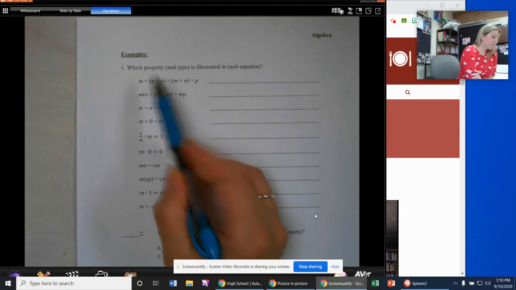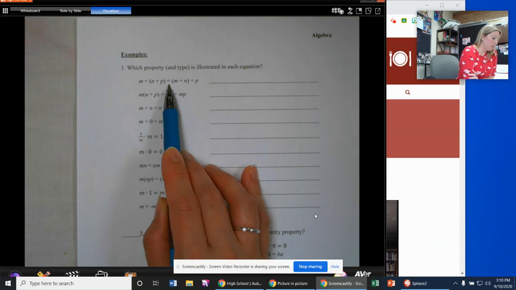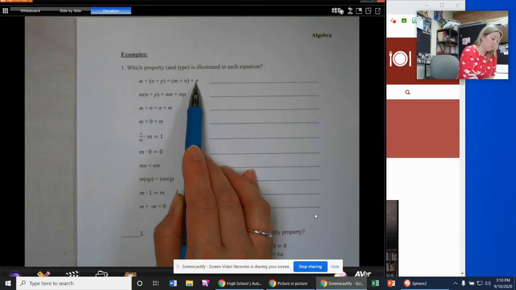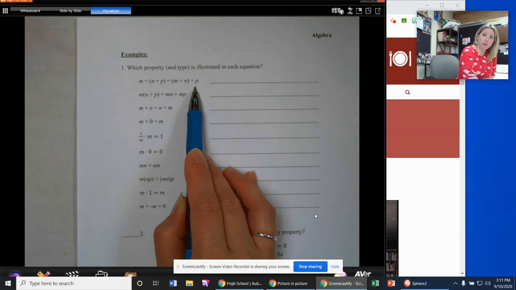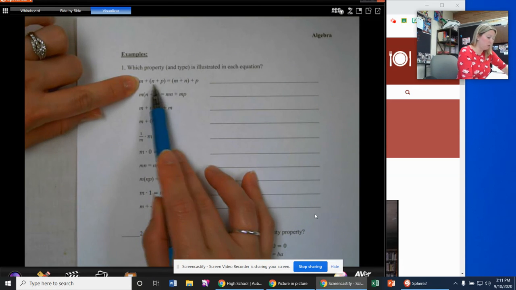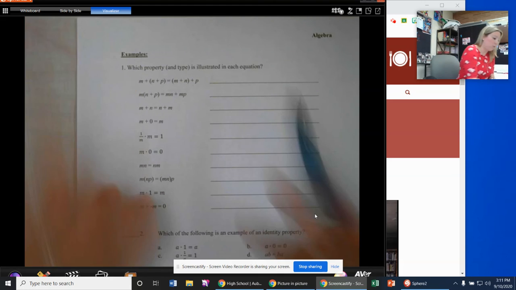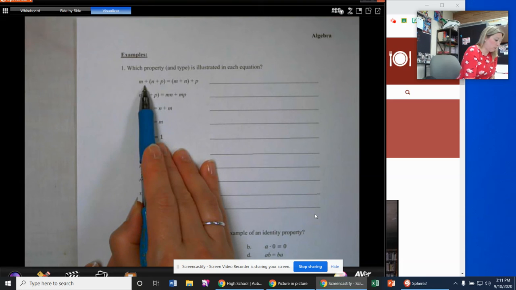Here we go. m plus n plus p equals m plus n plus p, with the grouping changed. Our group has changed from one side of the equal sign to the other. Since my group changed, but not my order, see how my order stayed the same? This is the associative property. Let's look at the sign we're using. It's addition.